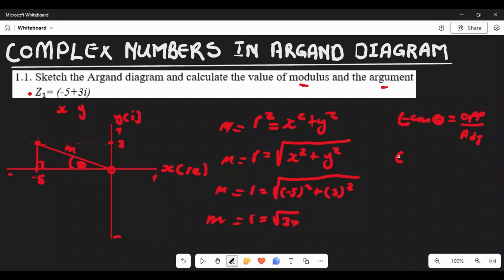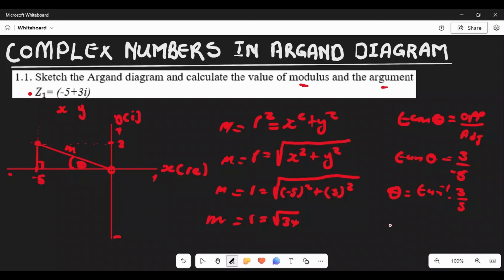So if we continue, we write tan theta equals 3, and then what is our adjacent? This is going to be negative 5. There we go. Then from there we say arctan. So theta is equal to arctan. This is how you write arctan, by the way. Then you write 3 over negative 5.